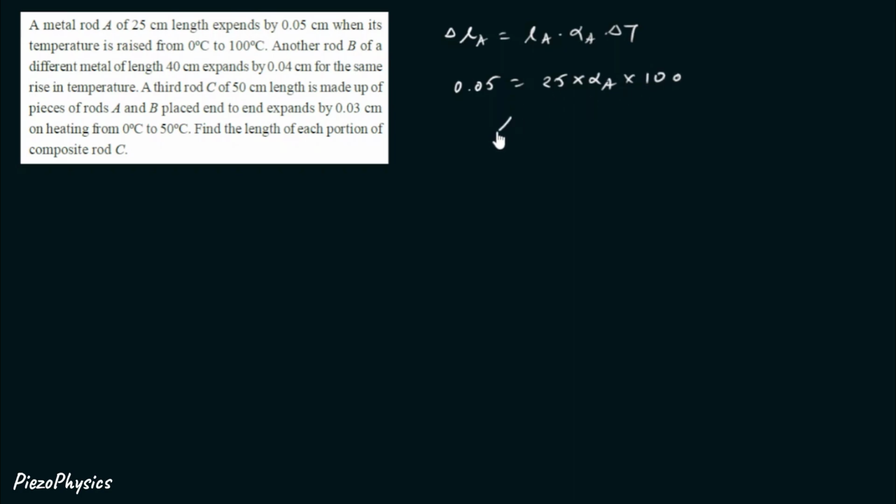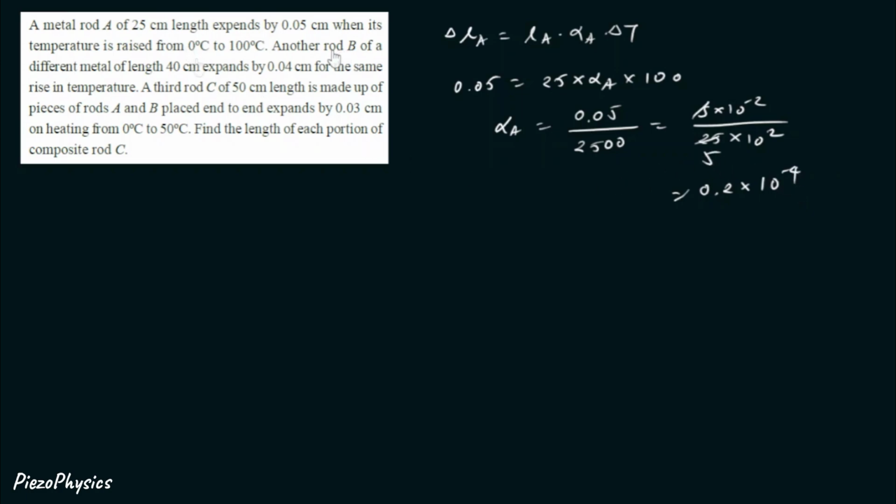So alpha A will be equal to 0.05 divided by 2500, right? After solving this, we can get 5 into 10 power minus 2, and here we have 25 into 10 power 2. Right? So it is 5, and 1 by 5 will be 0.2, and the power goes upwards, so it will be 10 power minus 4.